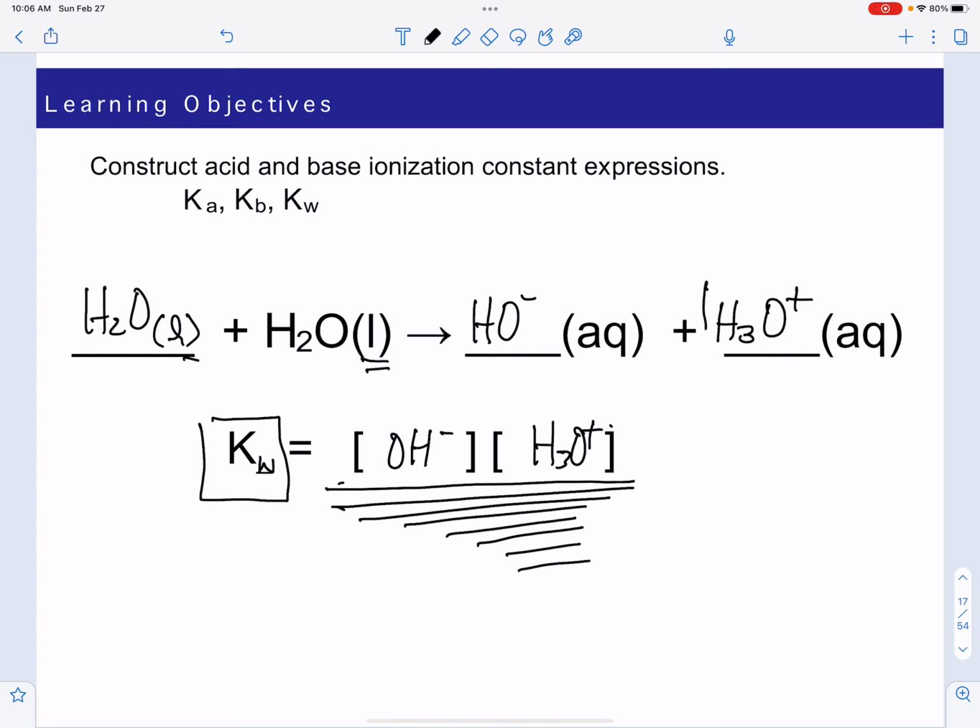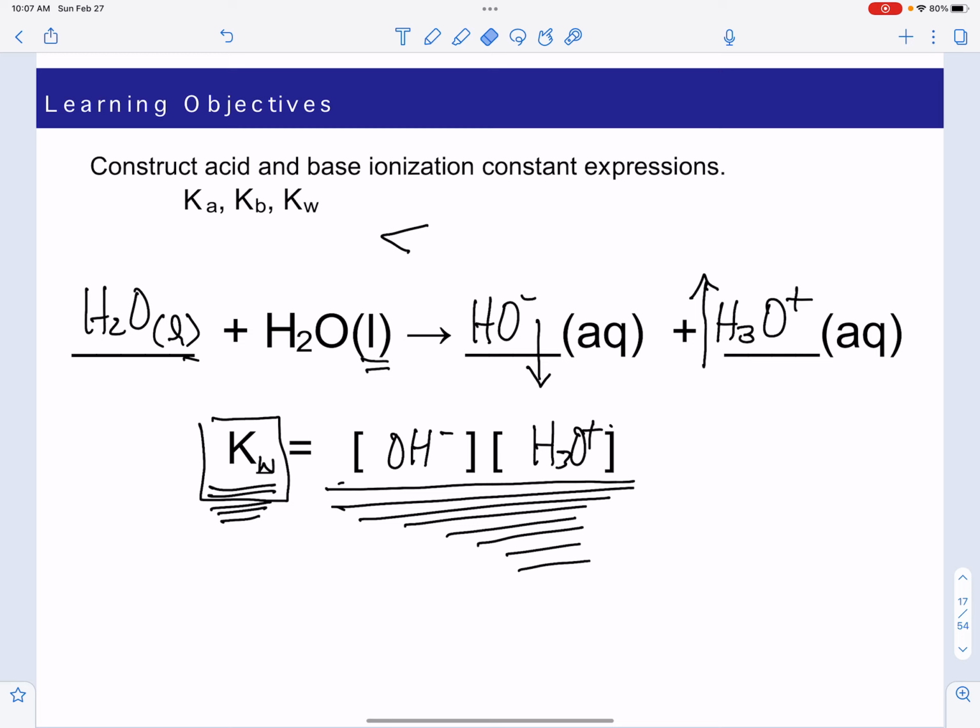If I increase the hydronium, then it's going to turn toward the reactants, which means by doing that, the hydroxide is going to come down. That way, the equilibrium constant will not be affected. So remember Le Chatelier's principle, that's what we studied in chapter 16 and not now.